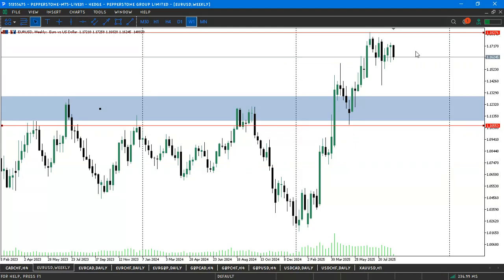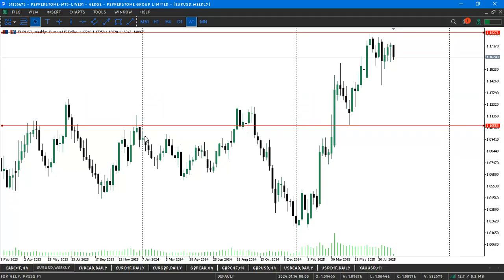We can see that the market is headed downwards, and it has reacted from this area of resistance and support. Once the market came to this area, it reacted upwards.